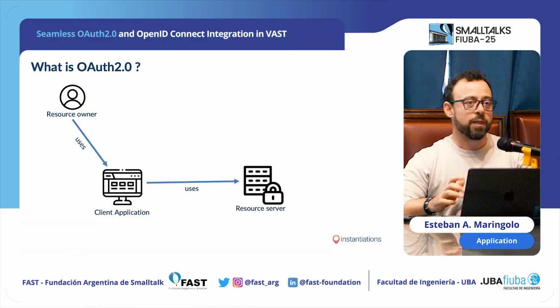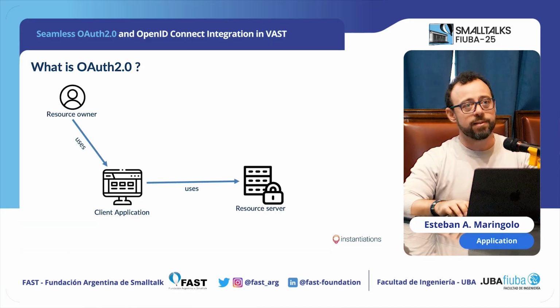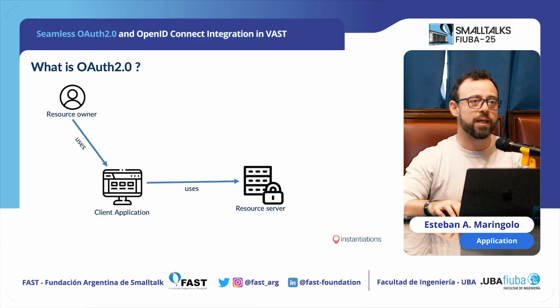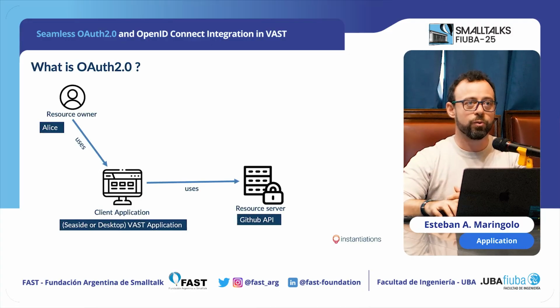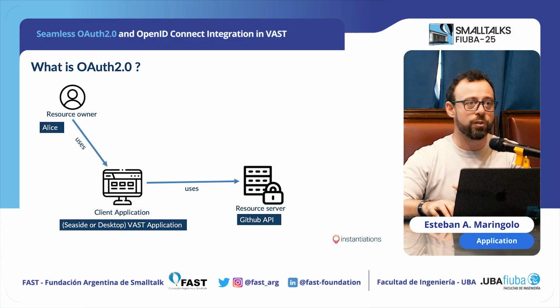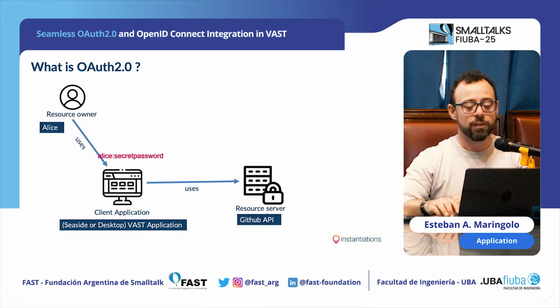So let's start with the fundamentals. In the past, when you wanted an application to access a resource on behalf of the user, the only way to do it was to share the credentials of the user with the application.